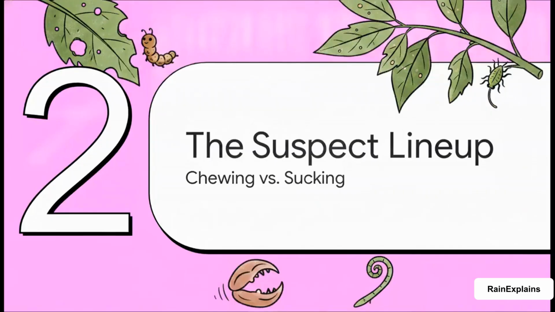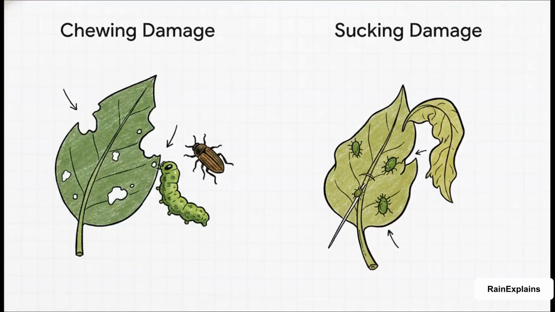Section 2. The suspect lineup. Chewing versus sucking insects. Now that we know how to spot the evidence, we can divide our prime suspects into two very distinct groups based on how they feed: chewing insects and sucking insects. Chewing insects, like beetles and caterpillars, cause really obvious mechanical damage.